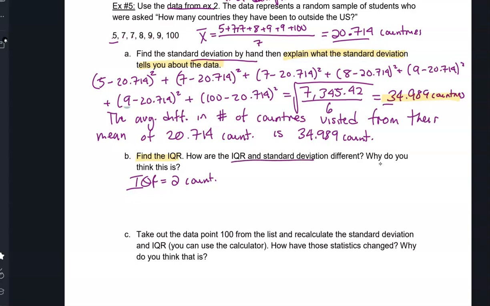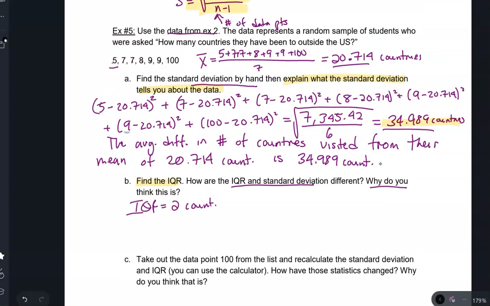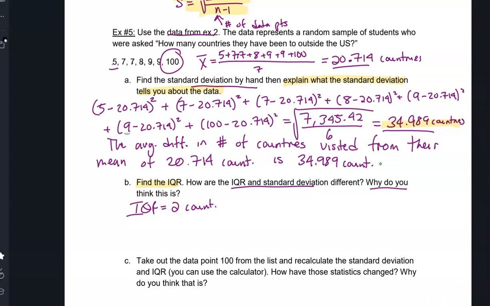Well, the standard deviation is a lot larger. Why is that? Well, that's that pesky 100 countries that somebody is probably lying about, but whatever. So again, because the standard deviation is an average, it takes into account those really large or really small numbers, those possible outliers. Actually, the 100 is definitely an outlier, okay?